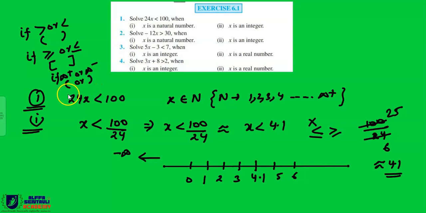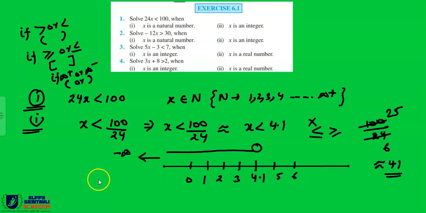Understood? So now we have to take all the numbers which are less than 4.1, which means we have to use a light circle. Light circle means this 4.1 is not included in our solution. All the numbers which are less than 4.1, so this will be like this. Correct?